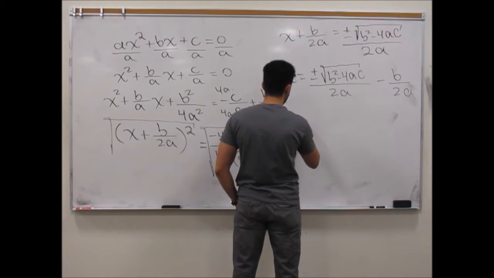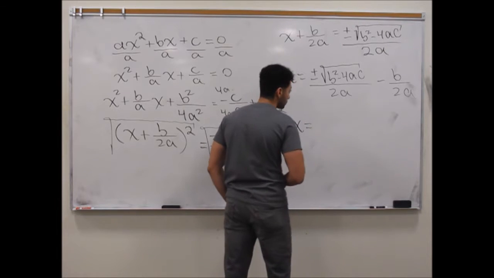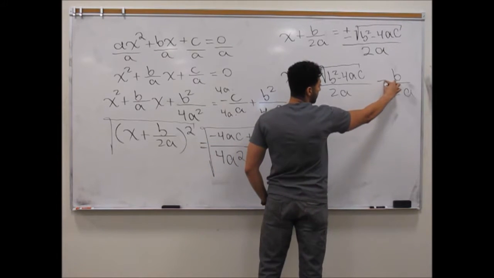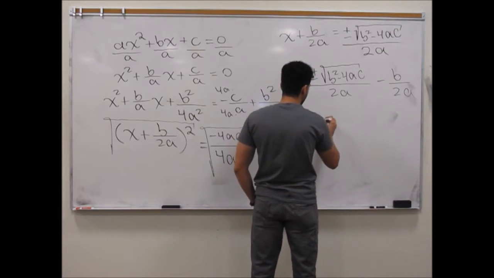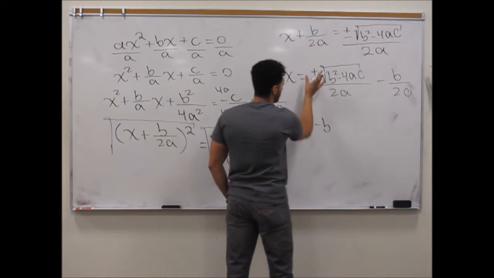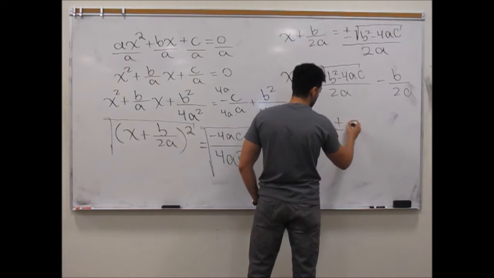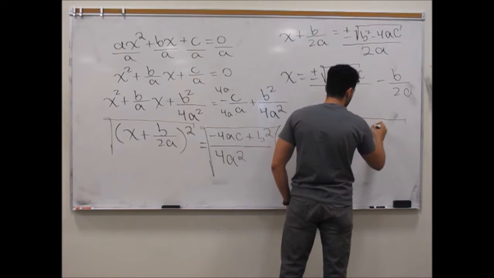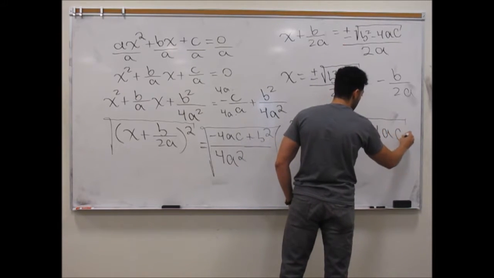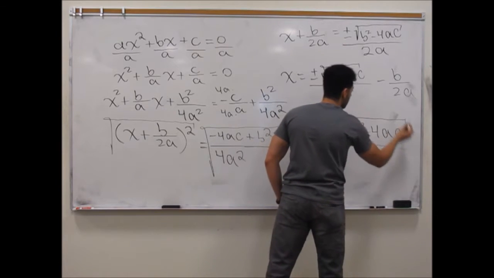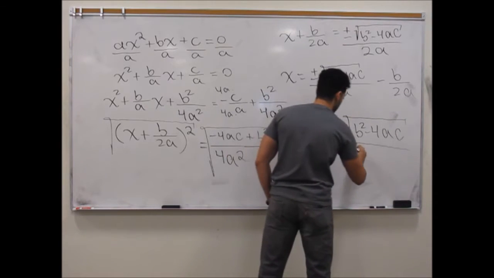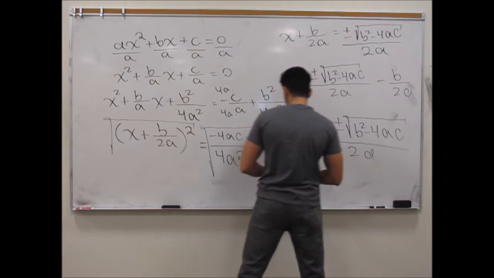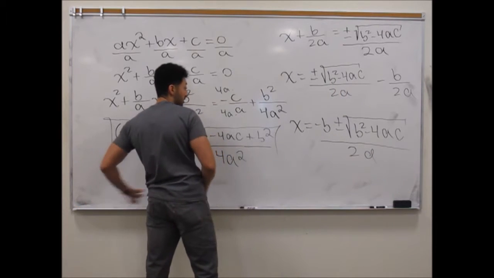Then we finally get that x is equal to, and I'm going to write the negative b first, negative b plus or minus the square root of b squared minus 4ac, all over the LCD, which is 2a. And that right there is your quadratic formula.